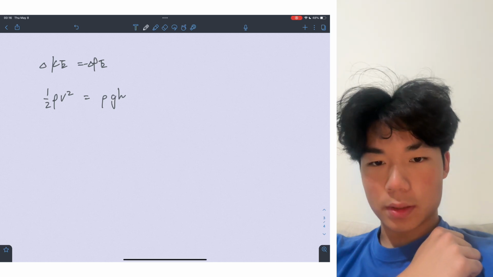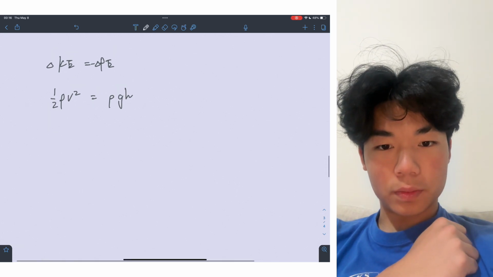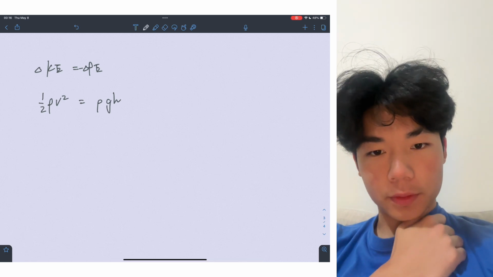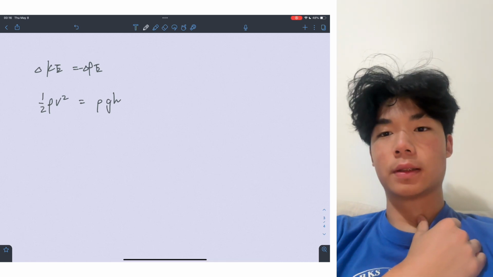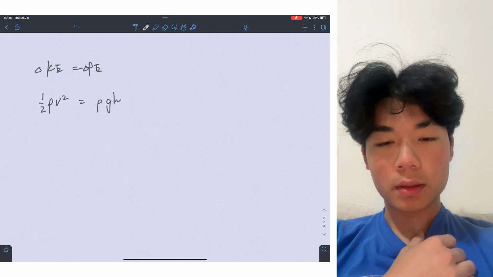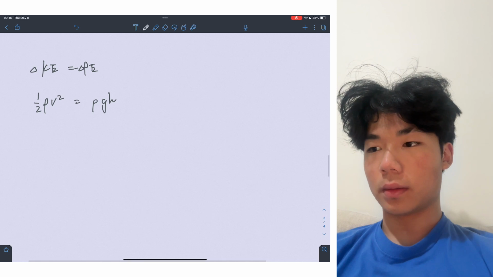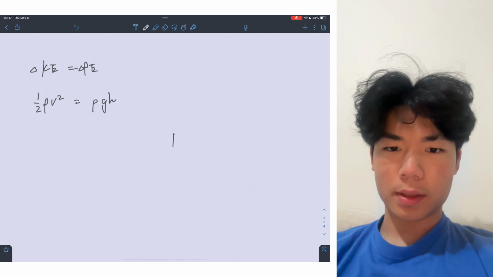Rather, it's just rho g h, because rho is the form of mass for liquids, since it represents the density per unit. I think it's kilograms per meter cubed.